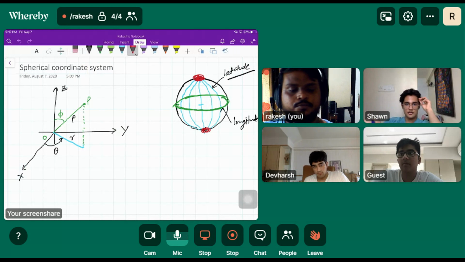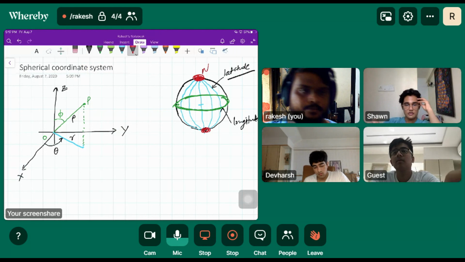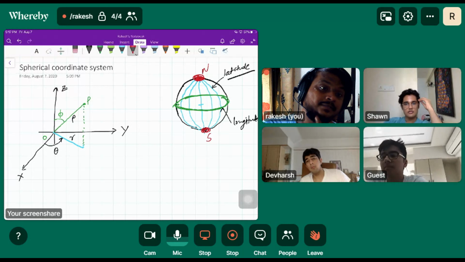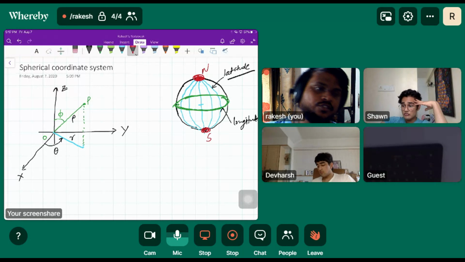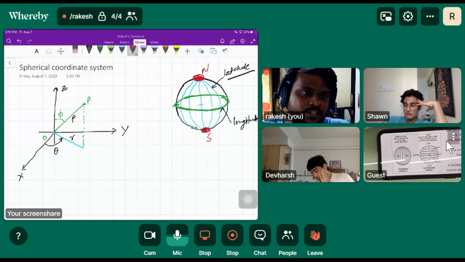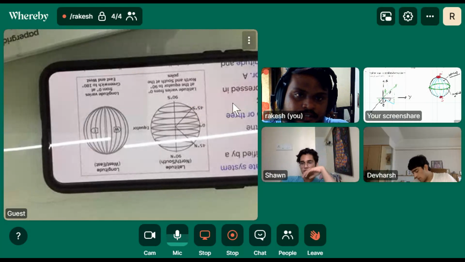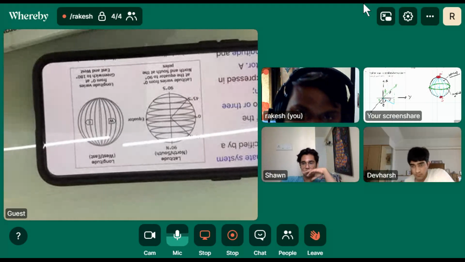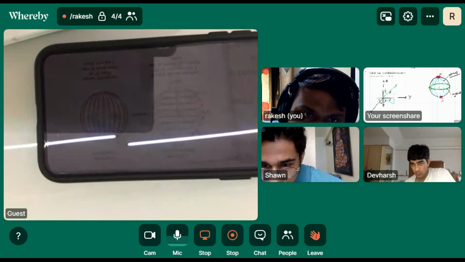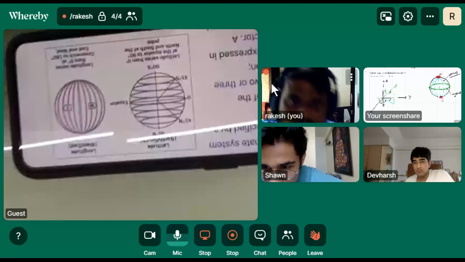You can just search for this diagram online. Search it out. You can share also. Let me zoom in on what Mano is showing. Longitude is a vertical line. Latitude is horizontal. It's switched off.